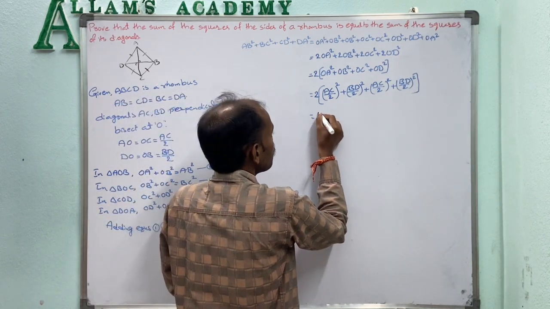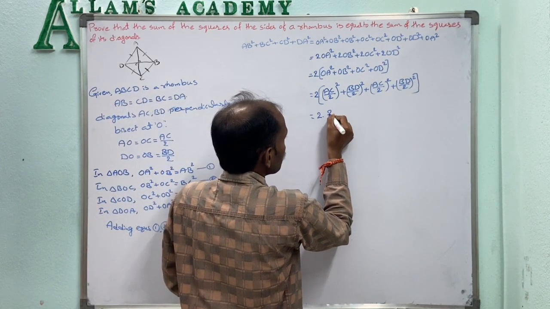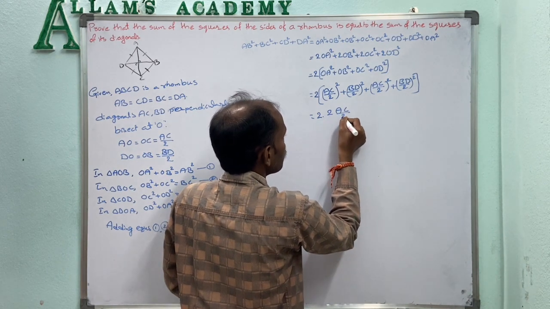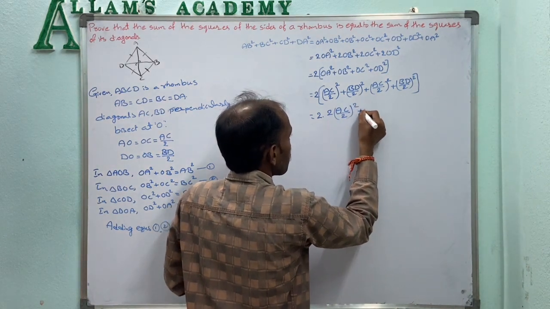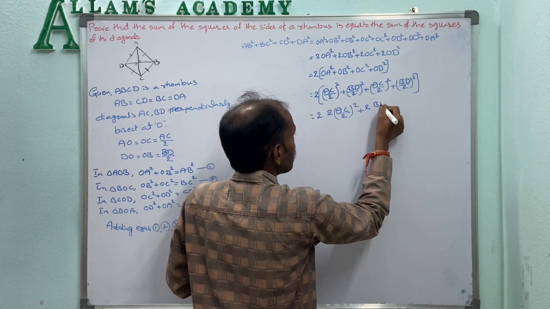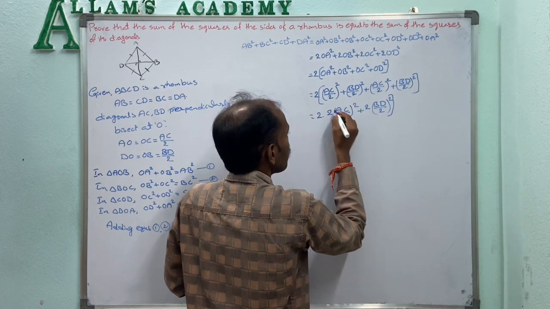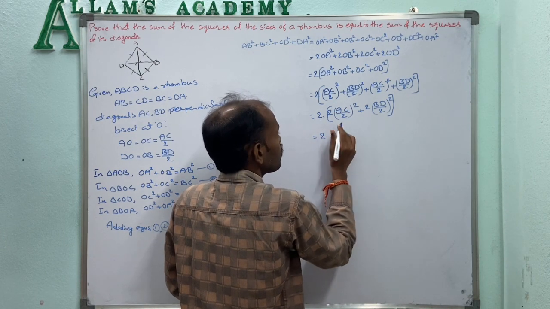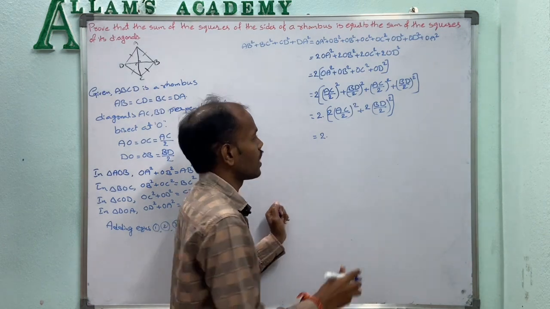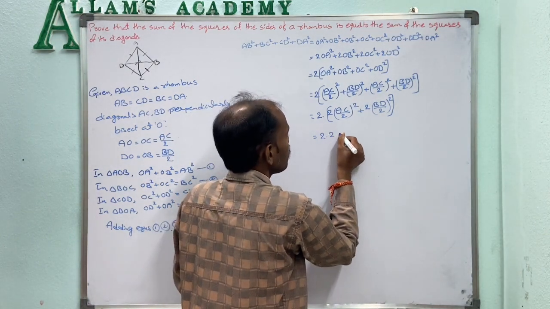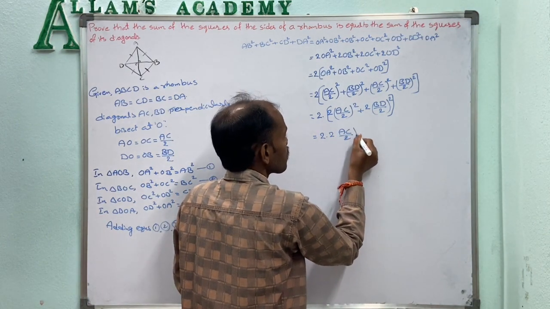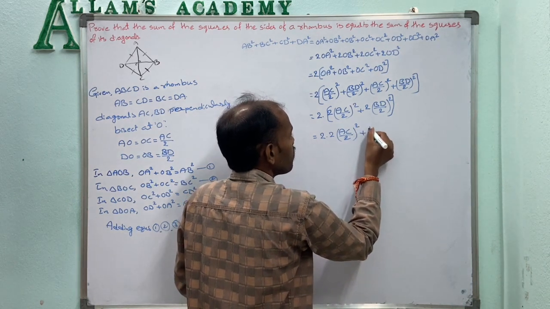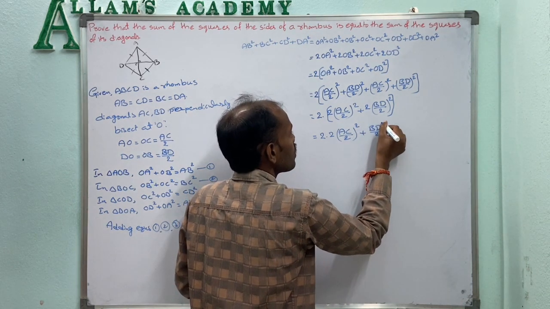So 2 into AC by 2 whole square plus 2 into BD by 2 whole square, that equals 2, in which 2 is again common, 2 into 2 AC by 2 whole square plus BD by 2 whole square.